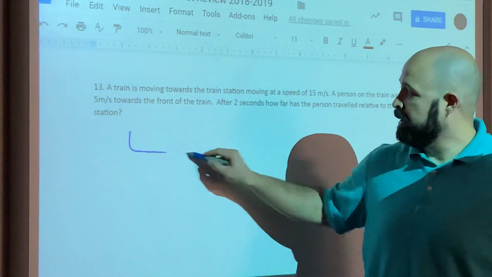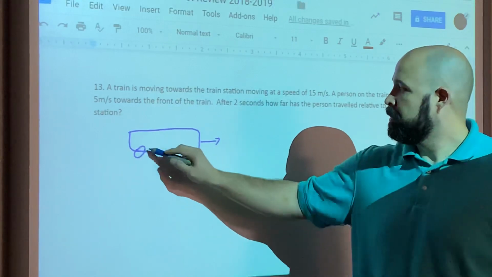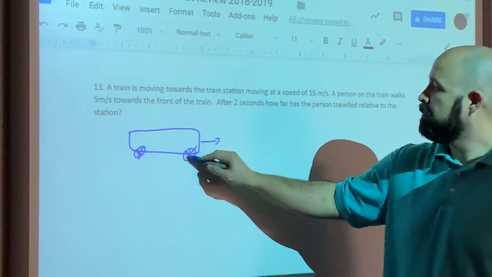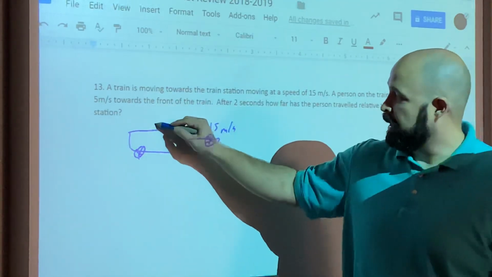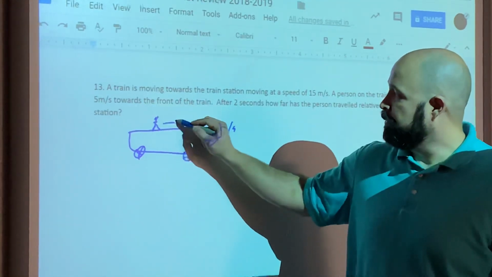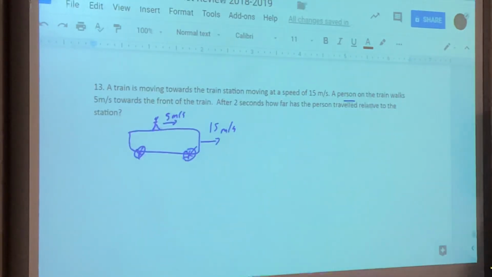Right, so you got the train, and the train is moving at 15 meters per second, and then you're on the train and you're moving 5 meters per second, right? There's a person on the train moving 5.